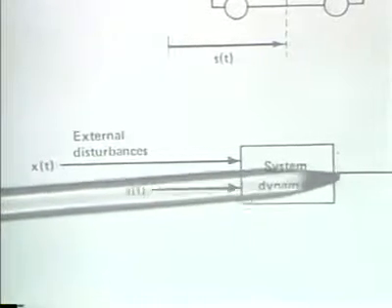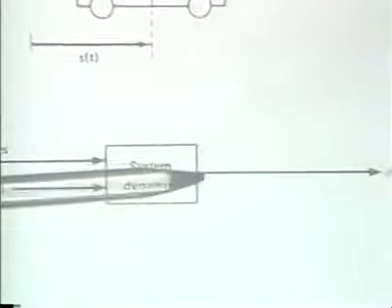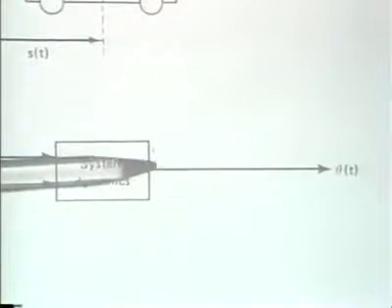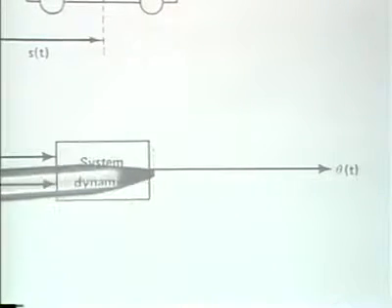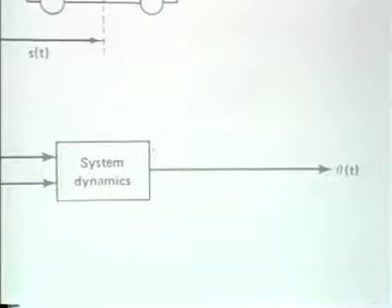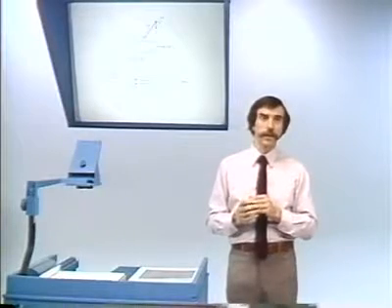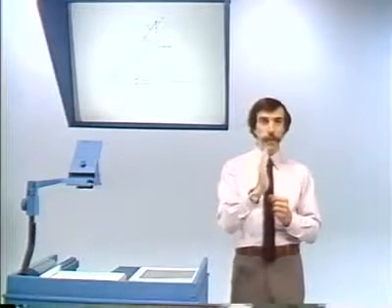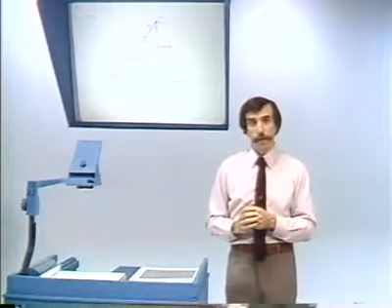And the output of the system can be thought of as the angular displacement of the pendulum, which, if we want it balanced, we would like that angular displacement to be equal to 0. Now, if we know exactly what the system dynamics are, and if we knew exactly what the external disturbances are, then in principle, we could design an acceleration, namely an input, that would exactly generate 0 output. In other words, the angle would be equal to 0.